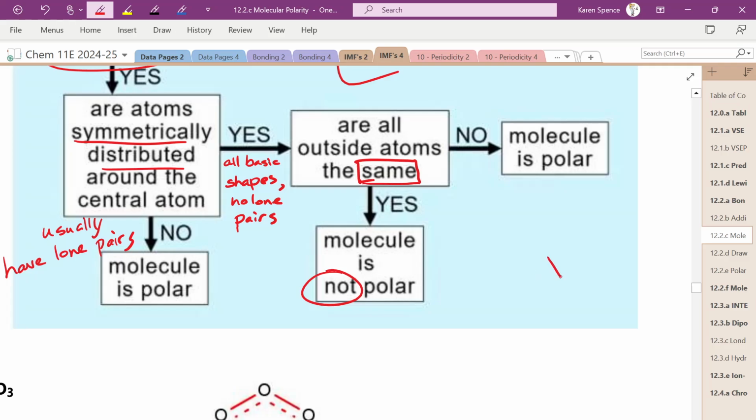If you have X and you've got a lone pair up here and a lone pair here and you've got fluorine, fluorine, fluorine, is that polar or nonpolar? It's nonpolar. So you cannot just say, if I have lone pairs, it's polar. If I have symmetric lone pairs, one on the top and one on the bottom, and then the little tutu around the middle is just normal, then yeah.